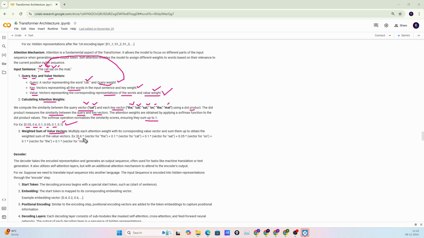This is the attention weight coming from the previous step, and the corresponding value vectors: for the word, for cat, for sat, on, the again, and mat. After this we perform the summation. This way we calculate the attention value for a single word, cat.